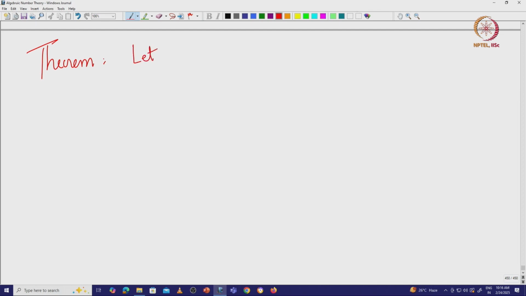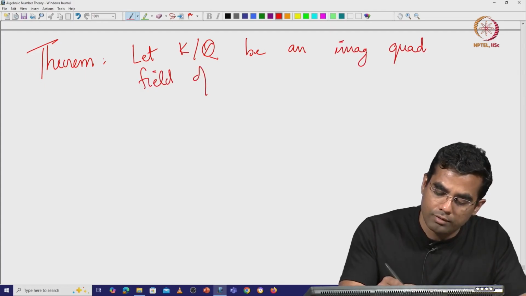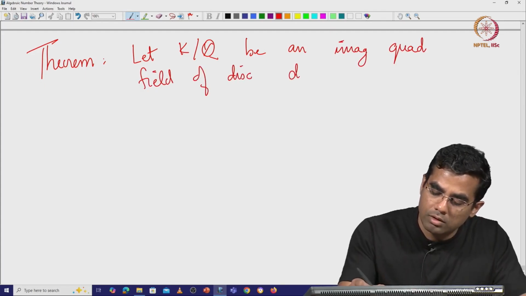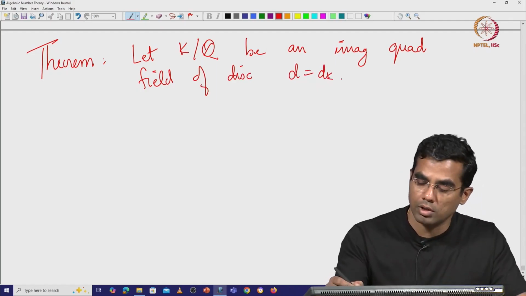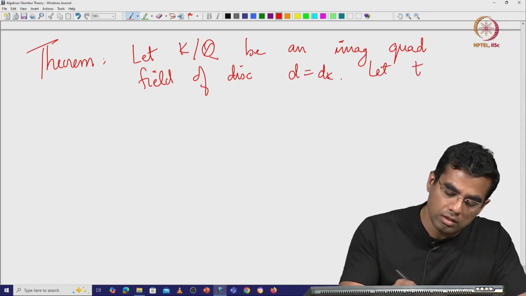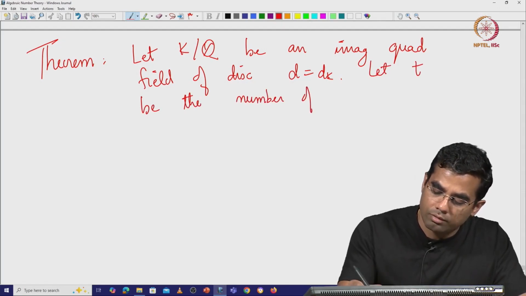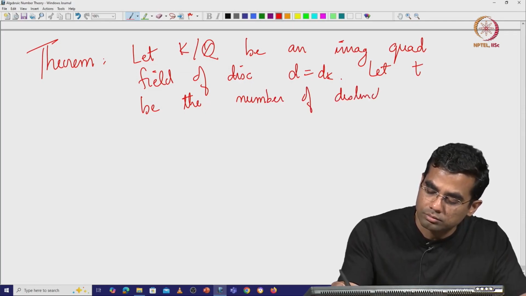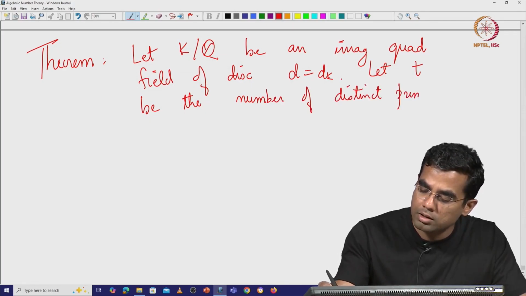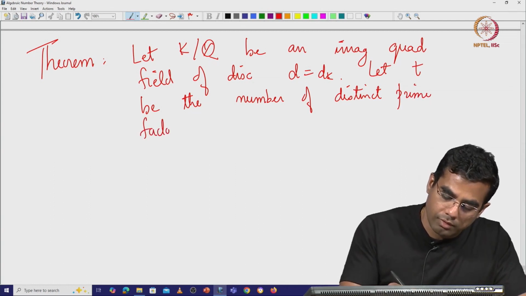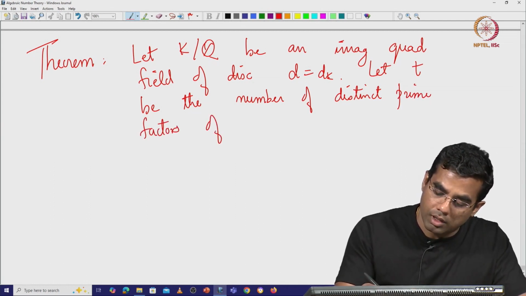So, let K over Q be an imaginary quadratic field of discriminant D, which is d_K. Let t be the number of distinct prime factors of d_K.